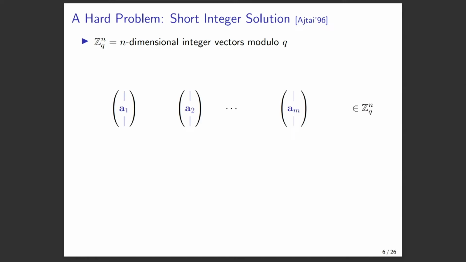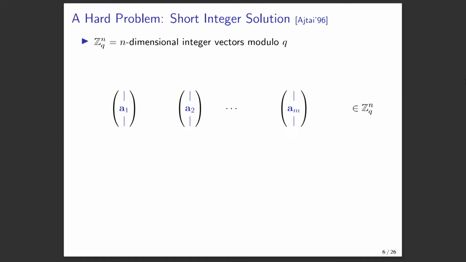The input to the algorithm is a sequence of uniformly random vectors in Z_q^n. So these are just uniformly random n-dimensional vectors with mod q entries, a_1, a_2, a_3, a_4, up to some m of your choice.